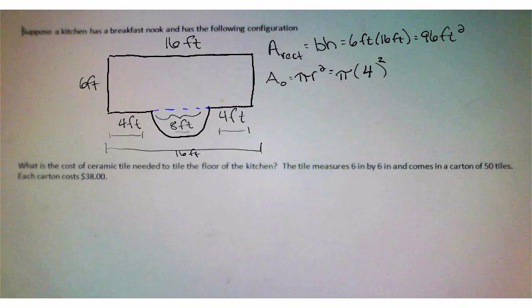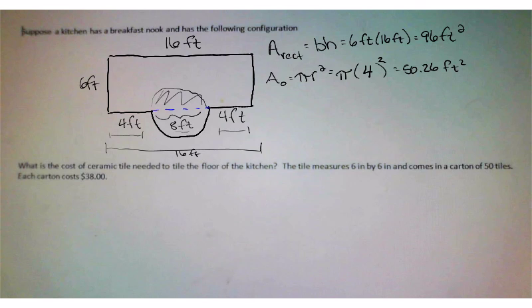All right, to find the area of the whole circle, we'll go ahead and take 4 squared, which is 16, and multiply by pi. That gives us 50.26 square feet. But we don't need that full area, because if we took that full area, we're starting to encroach or overlap with the rectangle.